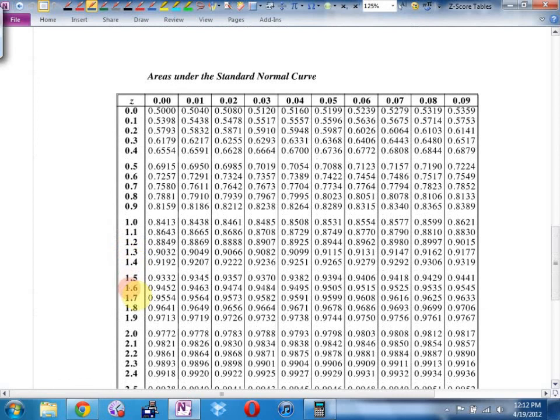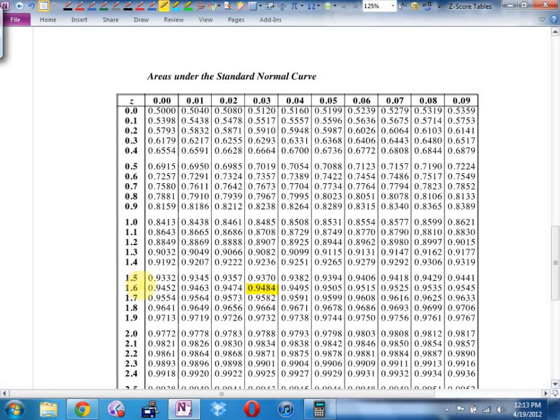Here's 1.6, and then 1.63 would be that one right there. These Z-scores are accurate to 2 decimal places, the tables are accurate to 4 decimal places. If you need to be more accurate than that, you're doing research and you'd be actually using computers. 0.9484, that's the area to the left of 1.63.